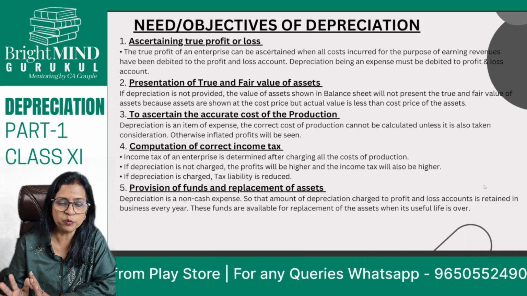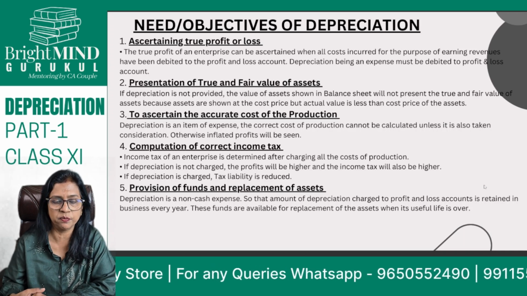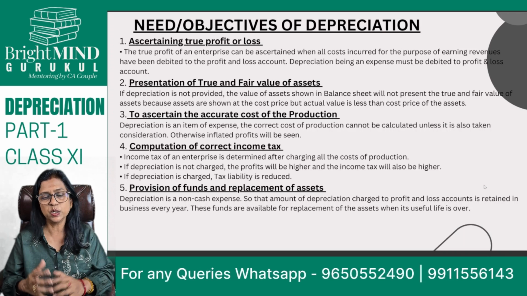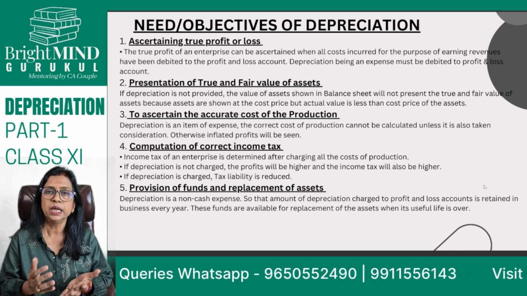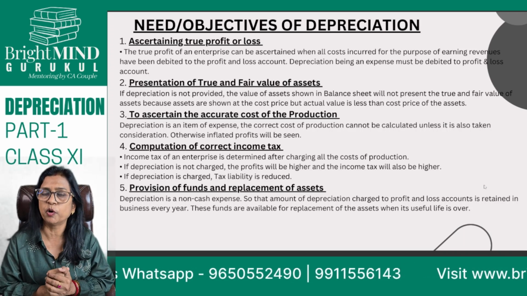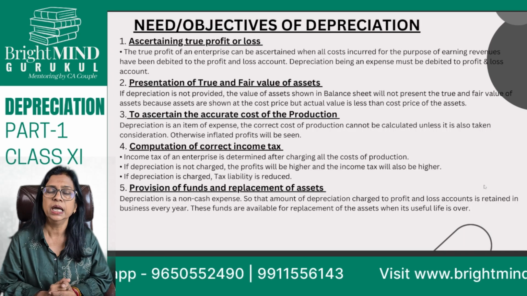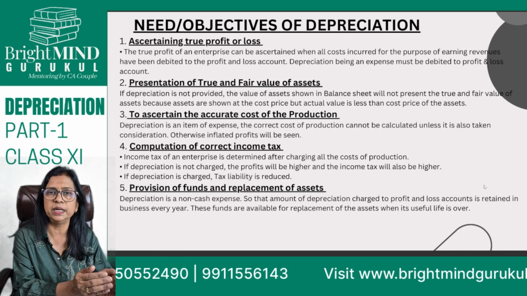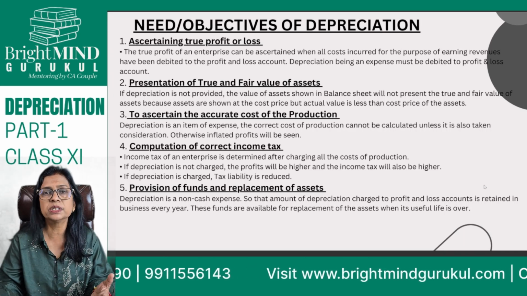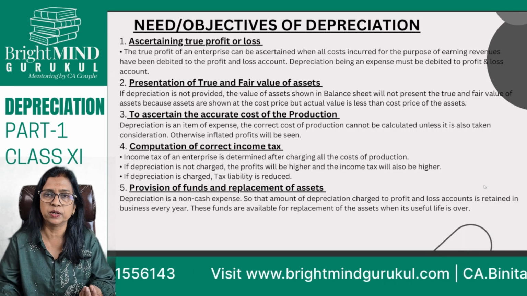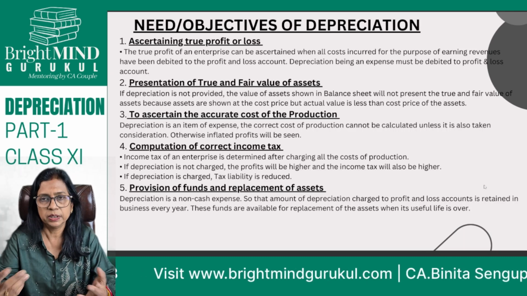And fifth is provision of funds and replacement of asset. Depreciation is a non-cash expense. So if you keep on charging this depreciation to profit and loss account every year, then some amount of money will be retained so that this can be used later on for replacement of assets, etc.